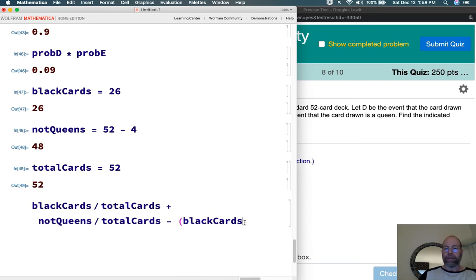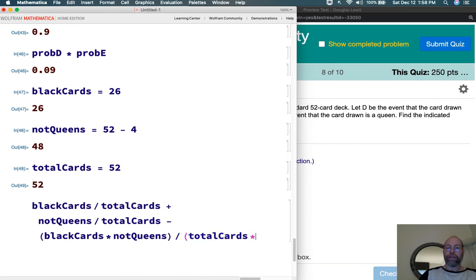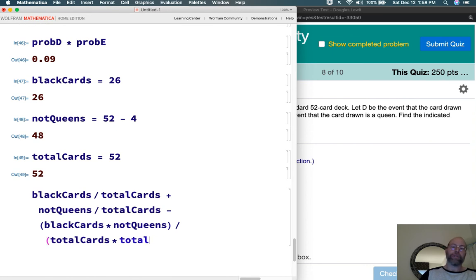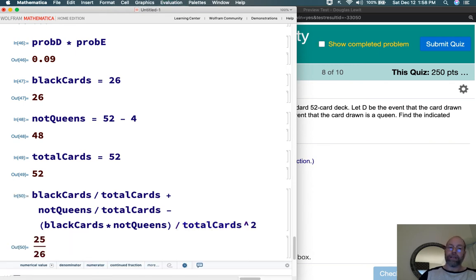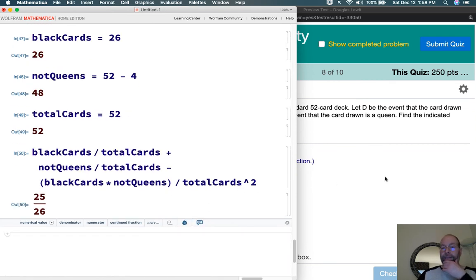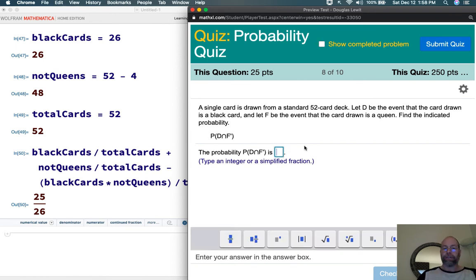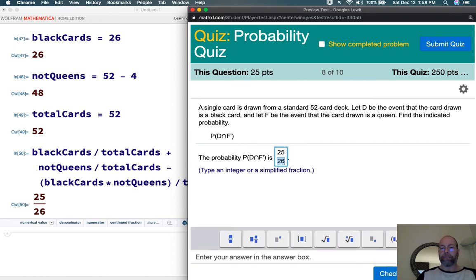Black cards times not queens divided by total cards times total cards, which is really total cards squared, and that's going to be 25 over 26.